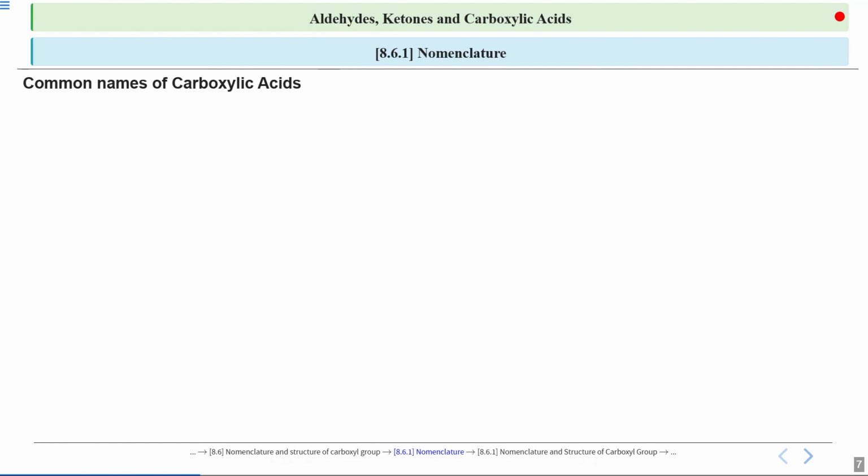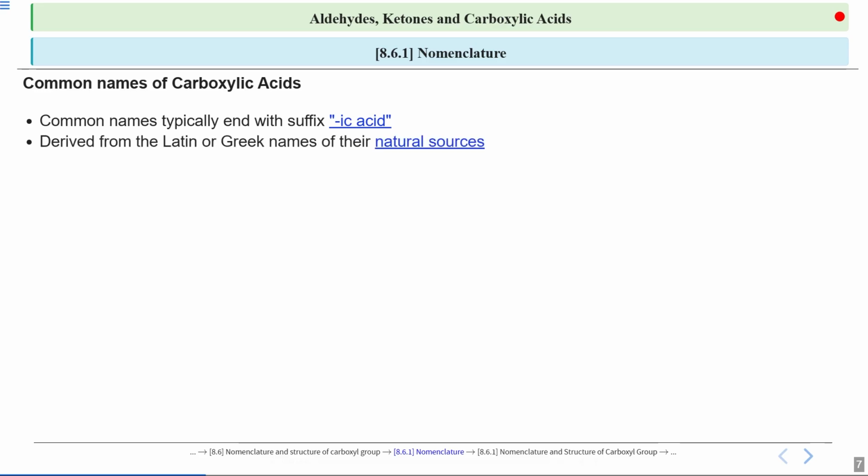Now we will start with the common names of carboxylic acids. The common names of carboxylic acids typically end with the suffix -ic. They are often derived from the Latin or Greek names of their natural sources.